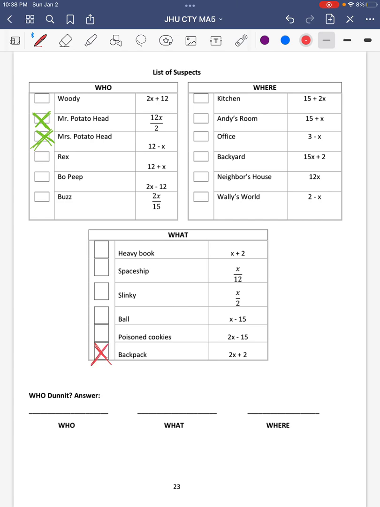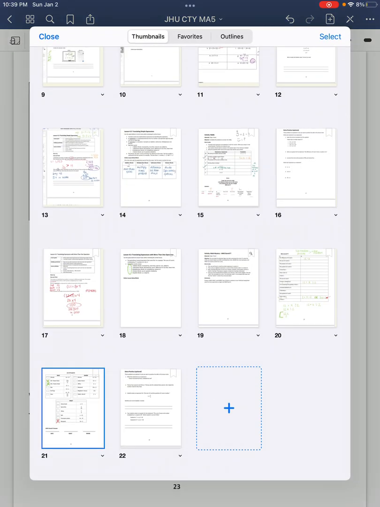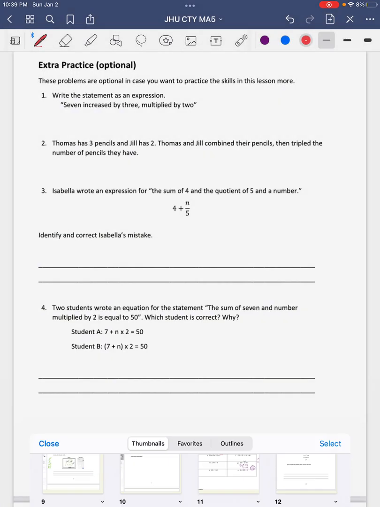So, the backpack is not the weapon used. Okay, so I narrowed down 3 things. Remember the things that you have left, so you should have one thing left in each box about who, what, and where. And whatever's left is who did it, where they did it, and what they did it with. So go ahead and finish that little game, and figure it out for yourself.